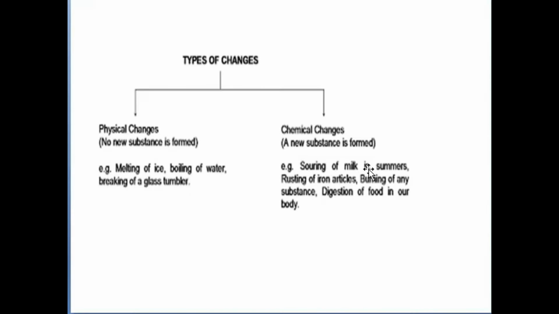Not only that, a gas may be formed, and a change in smell may take place. So these are some changes that take place in chemical changes. Most of the changes that take place around us are chemical changes. Some of these changes are useful to us while some others are harmful to us.